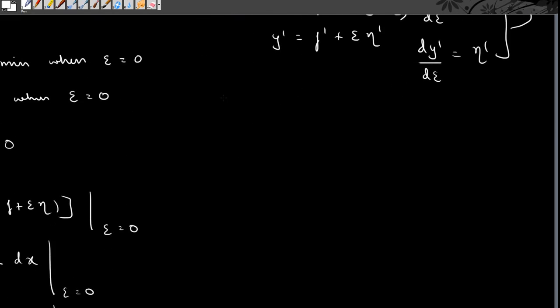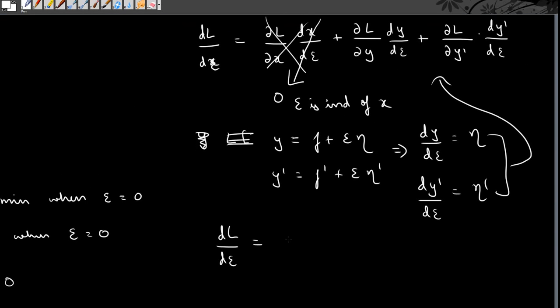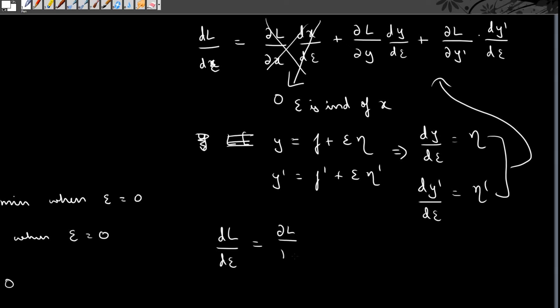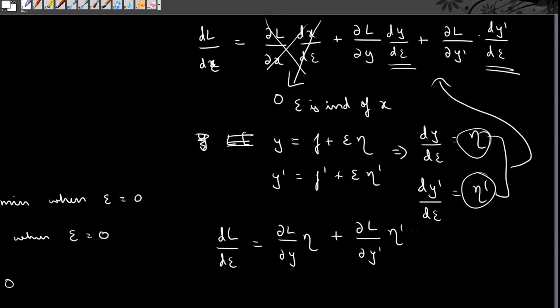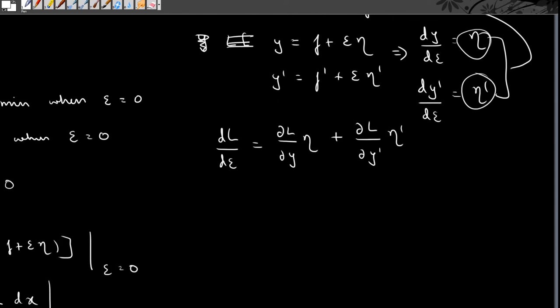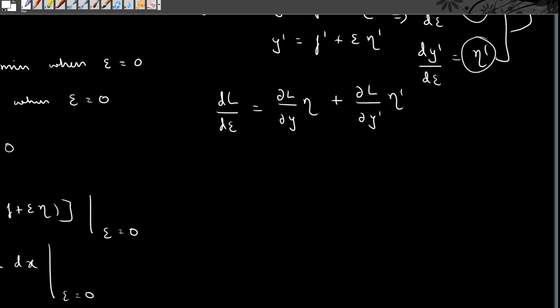So we are going to use this result in these equations, which will give us dL by d epsilon equal to dou L by dou y into dy by d epsilon, which is nothing but eta, plus dou L by dou y dash into dy dash by d epsilon, which is eta dash. So this is the final result.